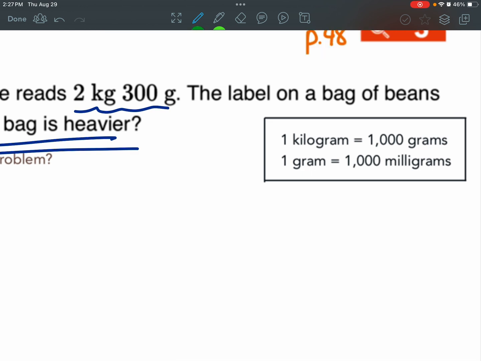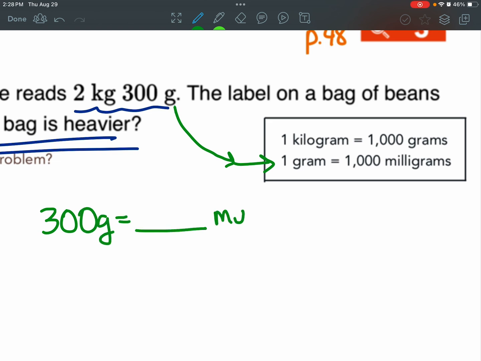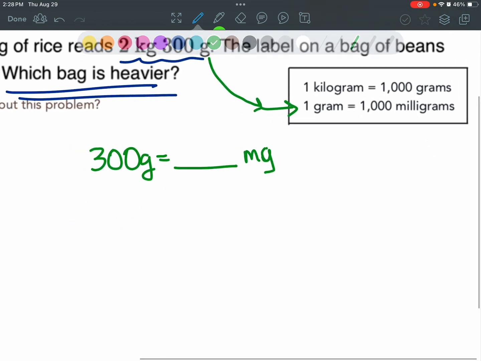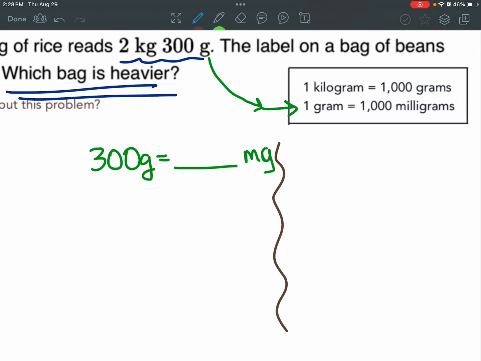Which one, is it kilograms or grams, can we immediately convert into milligrams? Well, right here, this one. It's going to be the grams. So that one's going to be the easy one. So 300 grams is going to immediately convert into milligrams. Well, the other one's going to be a little bit more work, but we can handle it.